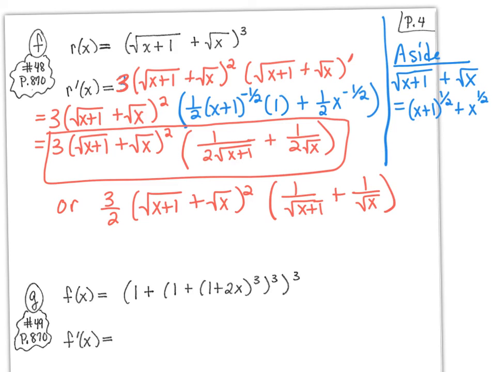Either answer is acceptable. So again, to get from here to here, you would factor out 1/2, multiply the 1/2 times the 3, and that will give you this. Does that make sense?